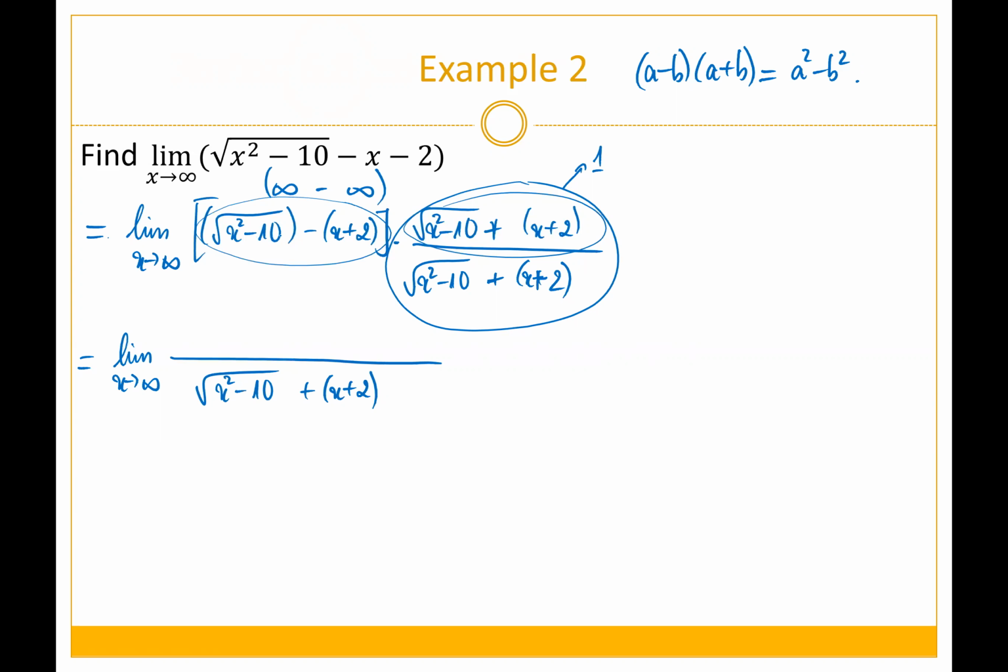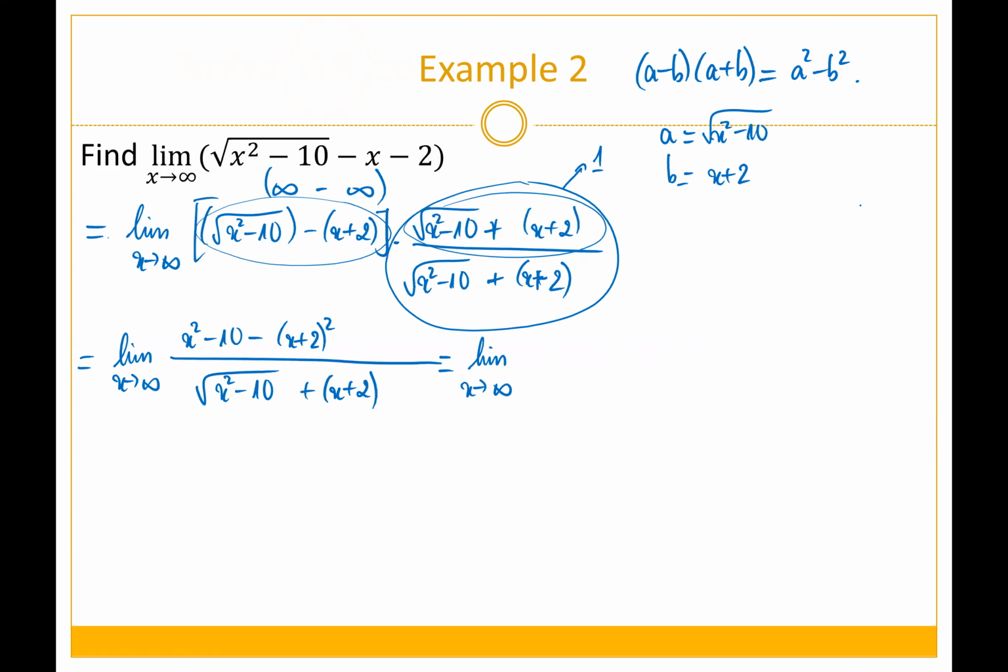Yeah, so here A is going to be the square root of x squared minus 10, and B is going to be x plus 2. So you have A squared minus B squared now. So it's going to be x squared minus 10 minus (x plus 2) squared. So now it's going to be the limit of x approaching infinity.